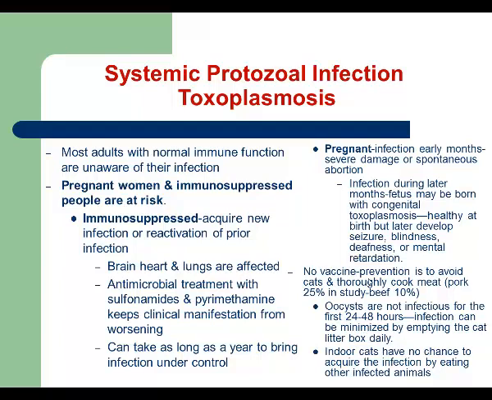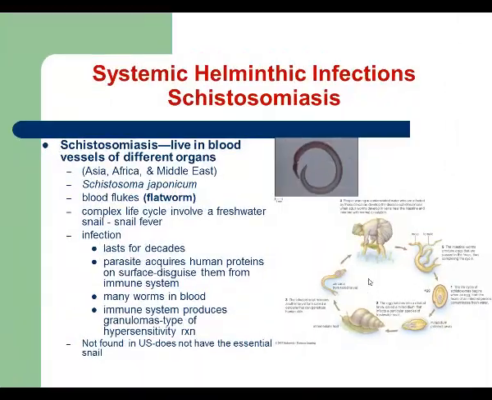For pregnant women, this infection can cause spontaneous abortion, or if a female is infected in the early stages of pregnancy, this pathogen can cause severe birth defects. There's no vaccine available. For the treatment, we use anti-protozoal drugs.